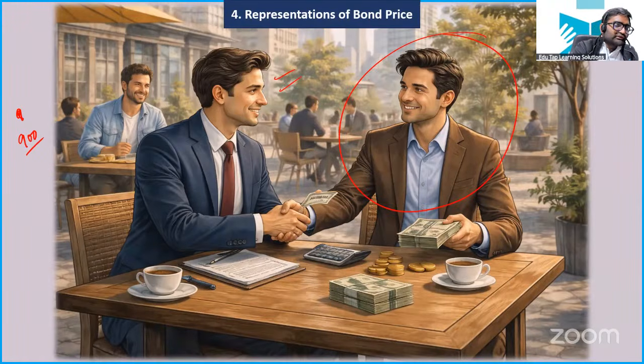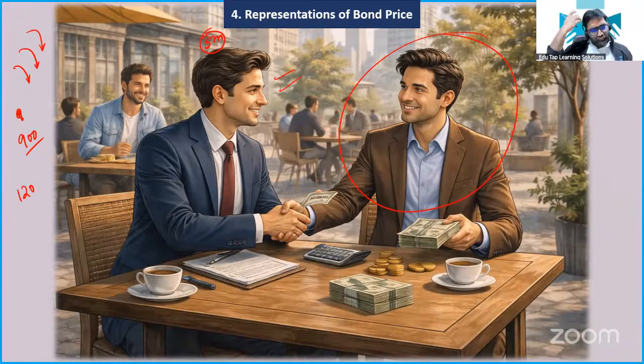So what is happening here? Let's say on a yearly basis, the coupon payment that he is going to get on this particular bond is 120 rupees. Neil held this bond for 3 months, and now he is giving it away to his friend. At the end of every year, this 120 rupees will be paid as a coupon payment to the bond holder.